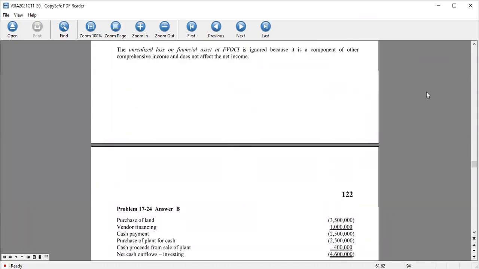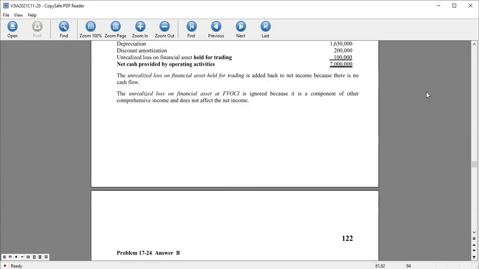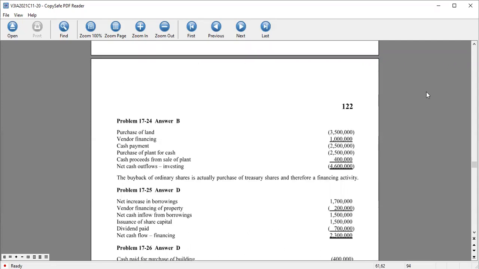And number 24 is already investing. For investing, take note that investing activities relate to long-term assets, non-current and non-trade. So we have your purchase of land, negative because it's a payment, 3.5 million.